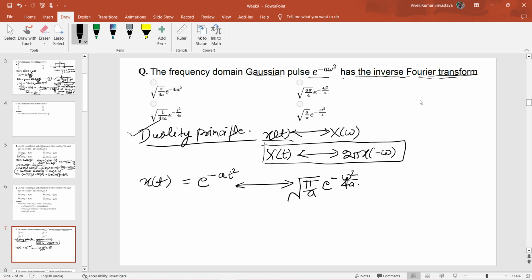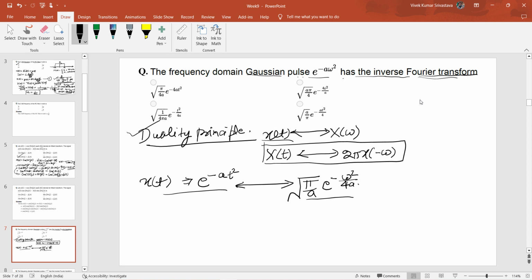So by using this duality principle we can easily obtain the inverse Fourier transform of the Gaussian pulse defined in frequency domain. Now we will use this principle.